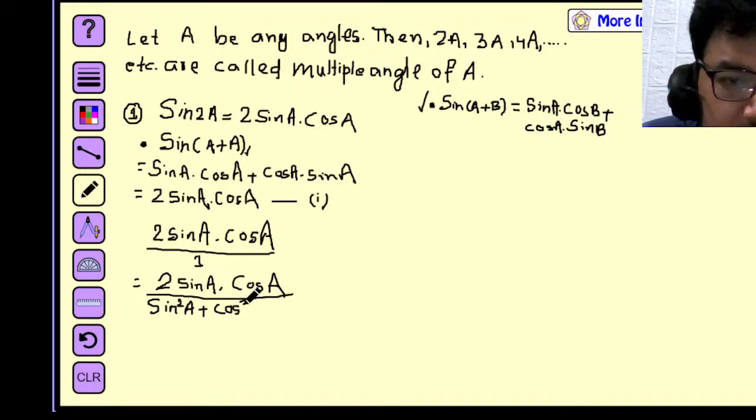Sine square A plus cos square A means 1. That's why in 1 we can write sine square A plus cos square A.